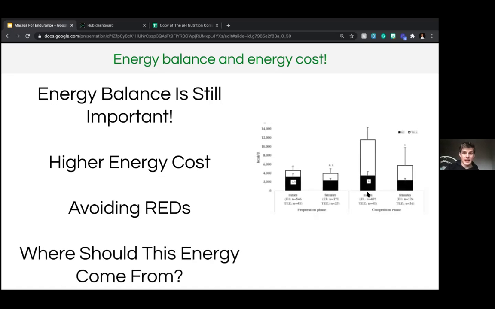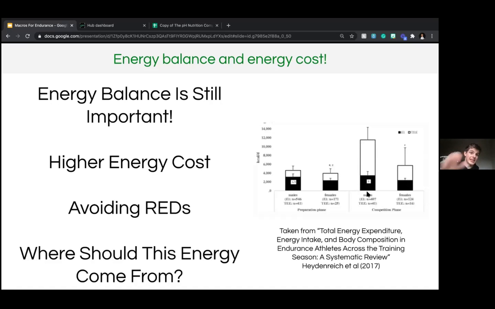And so just to hammer that home, we've got a little graph here, which was taken from a systematic review looking at energy intake of endurance athletes. What they found in this prep phase and in this competition phase was that the energy intake, which is the black bit, there's a tiny little key there, I apologize for the size of it, and the energy expenditure is this all-encompassing white part on the graph.